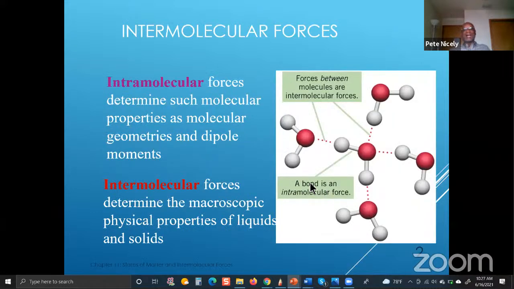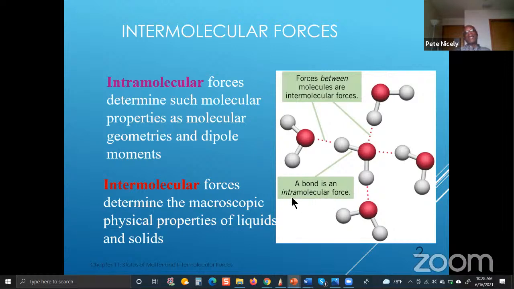So when it comes to molecular compounds, you can have what are known as intramolecular forces, which are the forces that exist within an atom, I should say, or within a molecule. And then you have intermolecular forces, which are the forces that exist between molecules. So for example, in the case of water, if you look within the molecule, there are different forces. Actually, you have the covalent force that exists between the oxygen and hydrogen atom, right?